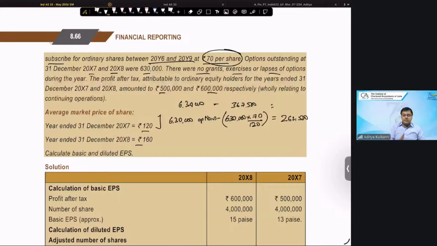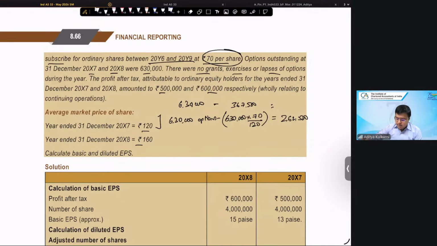What is right, as Swaminathan has also mentioned in his chat, is that only that portion which is the bonus component, the non-consideration component, is something that you will consider for your potential equity share calculation. Very, very important distinction that you have to take away from this discussion. Are you able to follow?